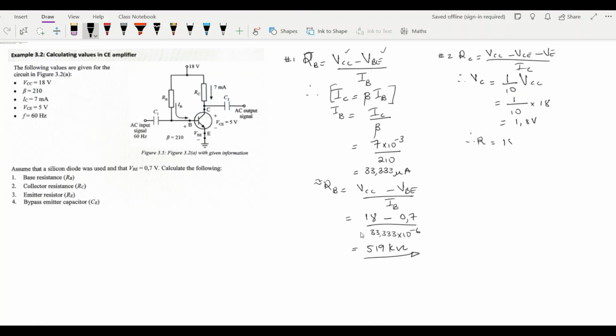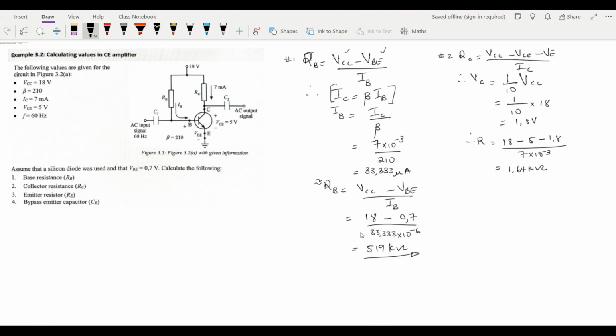What is my VCC? 18. What is my VCE? 5. What is my VE? 1.8. What is my IC? 7 exponent negative 3. You punch that in your calculator and we find that the value of RC is 1.64 kilo ohms. It's important to always have your calculator handy. This will assist you at all times.